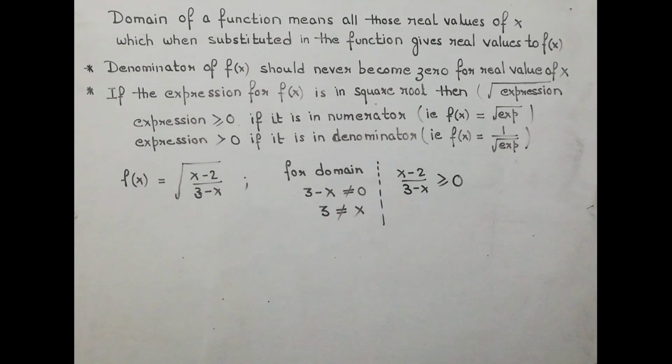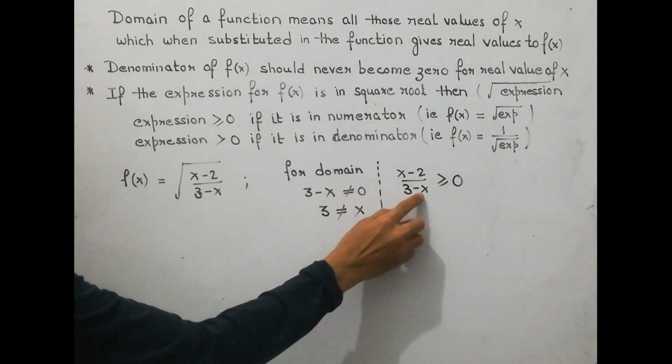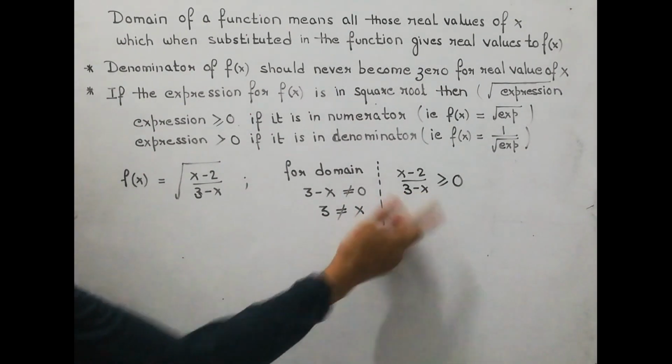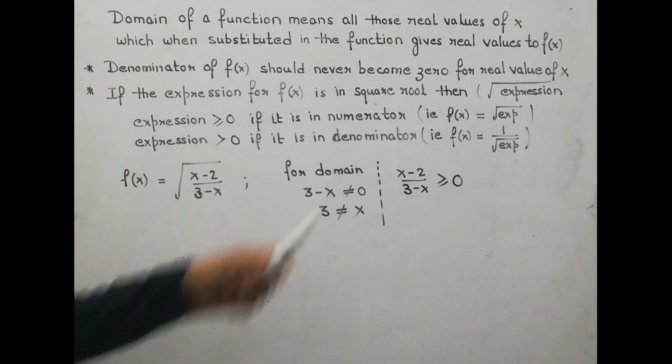Now, in class 11th, you have learned that if the denominator is a positive number, then it can be cross multiplied in the inequality. But here, are you sure that the denominator is a positive number? We are not sure, because 3 minus x, where x is a real number, may be positive or negative, so we cannot cross multiply it.